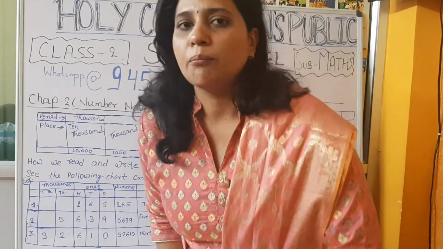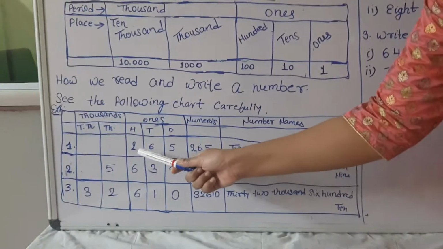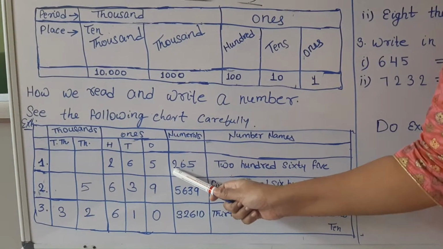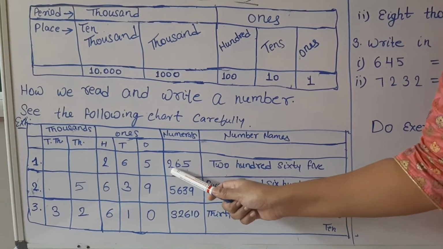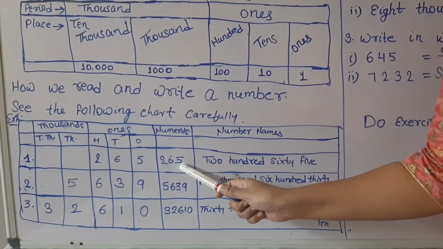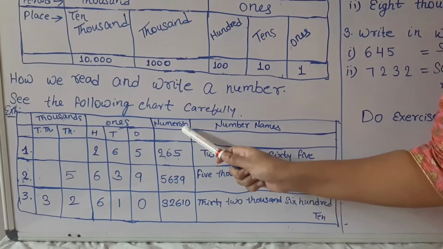I'll just give you an example here, children. You can see here the number is 265. Now we are writing in the form of numerals, 265 in digits. So 265 is what? Numerals.